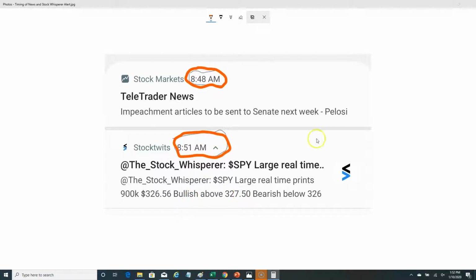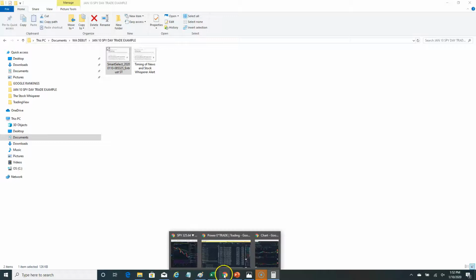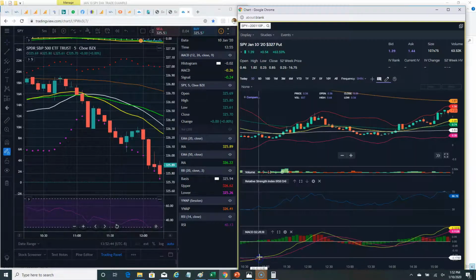So let's go through the chart, starting exactly at this time, to see what happened after this SPY trade and this alert came in, and how we took advantage of that on the options side. I'm going to bring in two screens for the purpose of illustration.